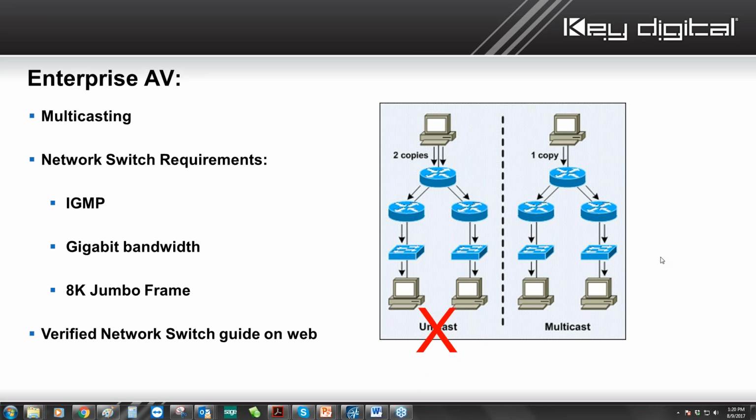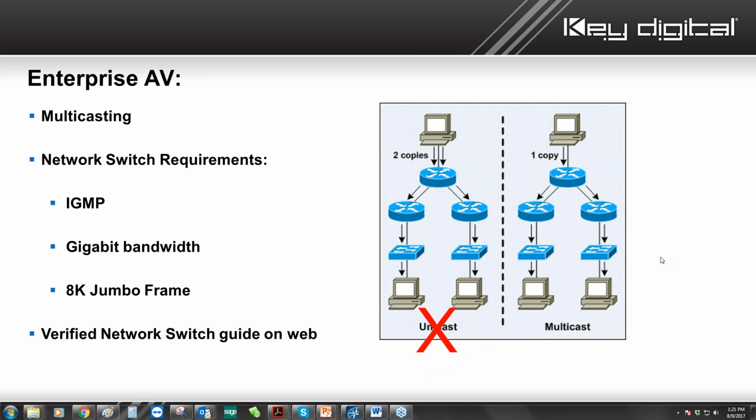So this may be new terminology to a lot of people. It's certainly new terminology to me, I'm just the trainer here, I'm not the engineer. A typical network frame is 1.5K in size at the highest.